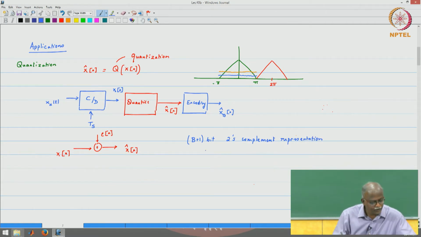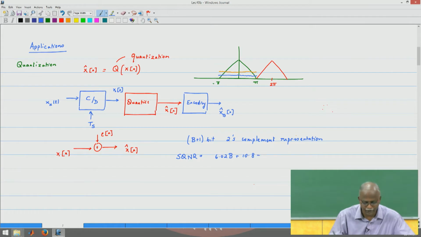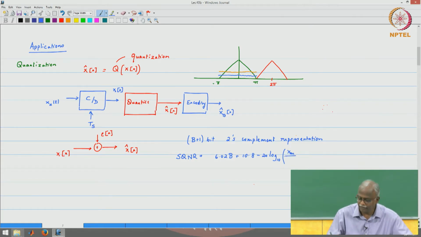Okay, so the SQNR can be expressed in the following way. It was 6.02b plus 10.8 minus 20 logarithm base 10 of the ratio of the maximum or full scale divided by the standard deviation of the input signal.